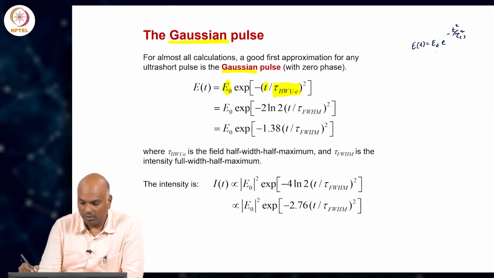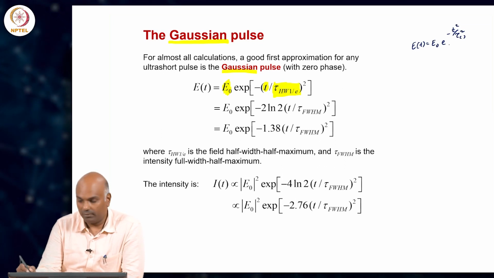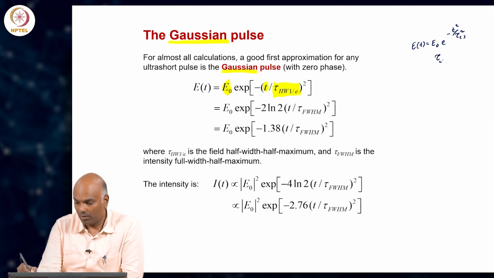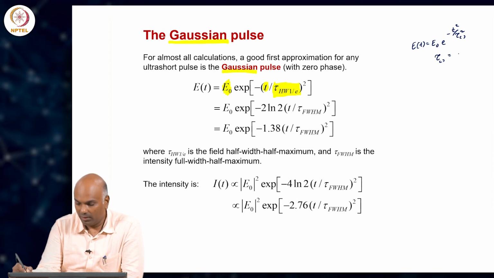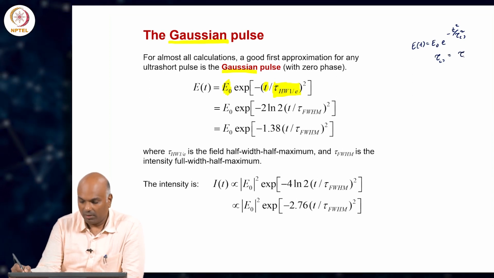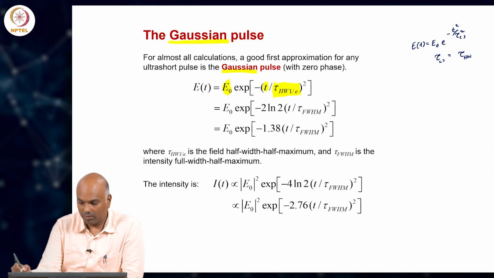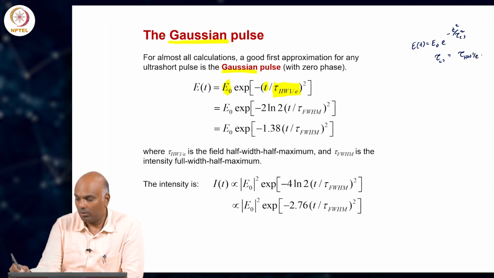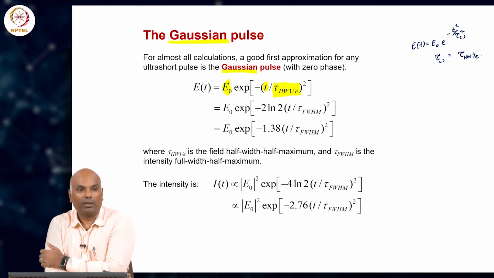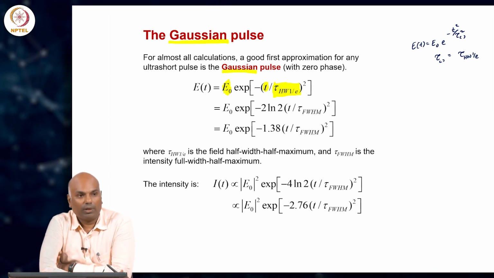This corresponds in the simplest form, this tau is the tau of the half width at 1 over e point. Okay.